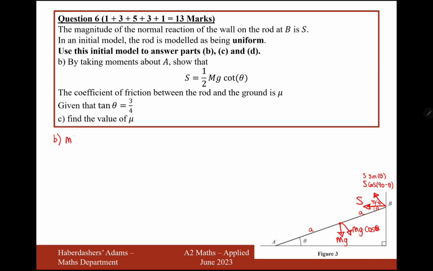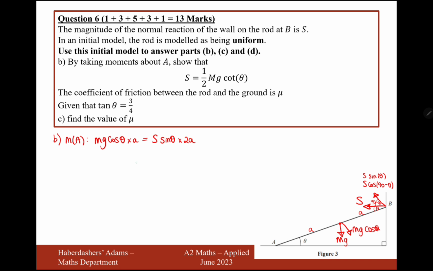So taking moments about A, this mg cos theta moment is going to balance out this S sine theta moment. So mg cos theta times a will balance out the moment with S sine theta times 2a.